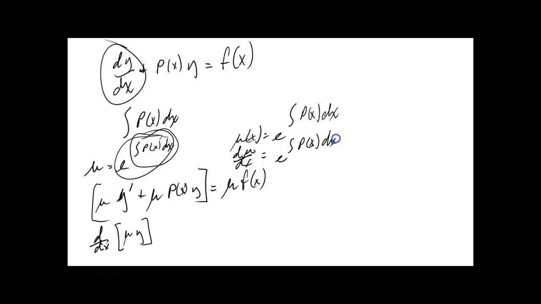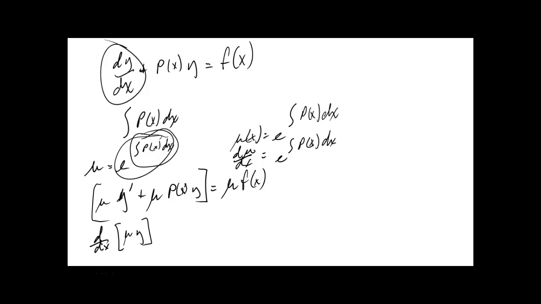Remember, e times the derivative, chain rule. Your favorite, chain rule. The derivative of an exponential function is that same exponential function times the derivative of the exponent. Now the derivative of an integral is p of x.